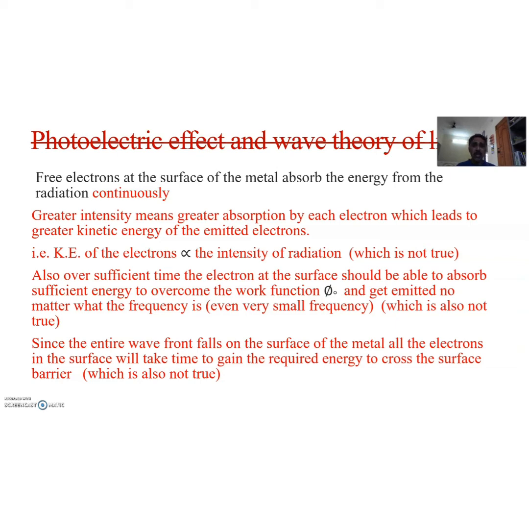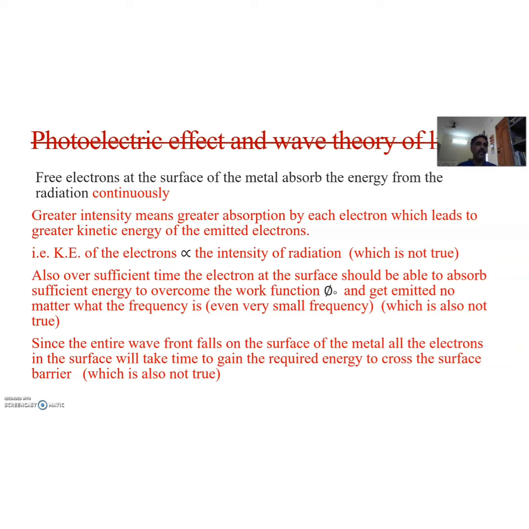And also, over sufficient time, the electrons at the surface. For example, if the light radiation falls on the metal surface for a greater amount of time, then all the electrons at the surface of the material will absorb this energy, and since it is for a greater amount of time, they absorb greater energy, overcome the work function and get emitted out of the metal, no matter what the frequency is, even for a very dull light or a very small frequency of light, which is also not true, right?